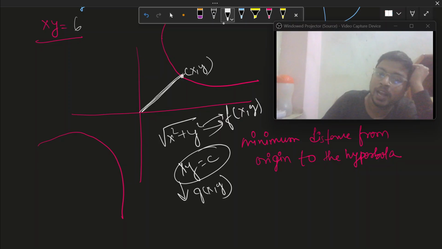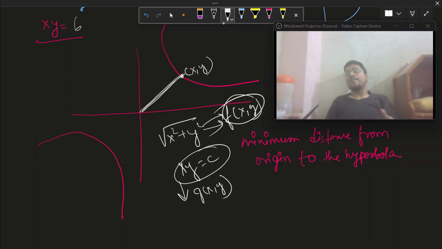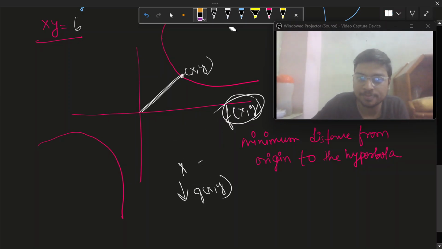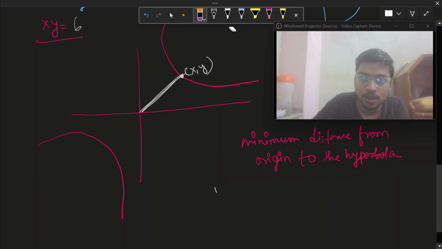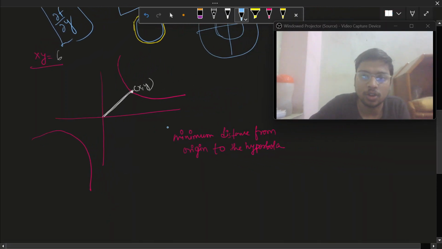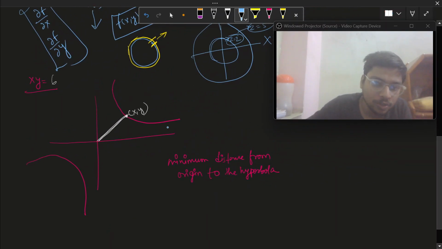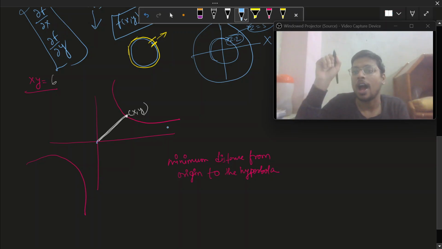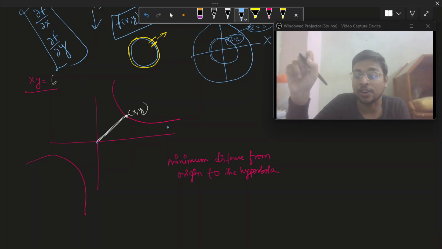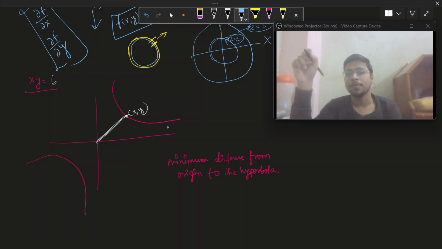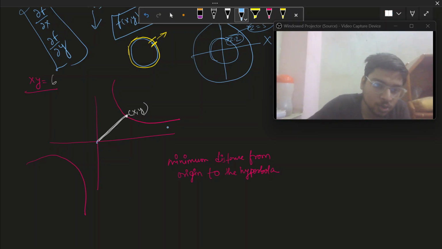First we have to minimize. If you see both of them, let me draw this and explain to you. I am drawing the contour of f(x, y), meaning x square plus y square.